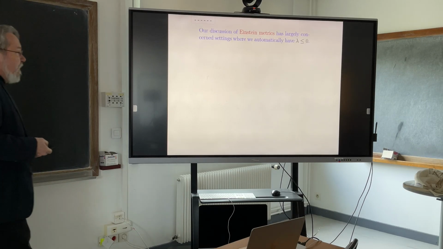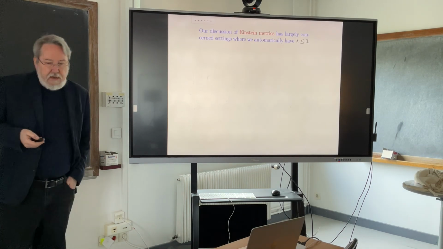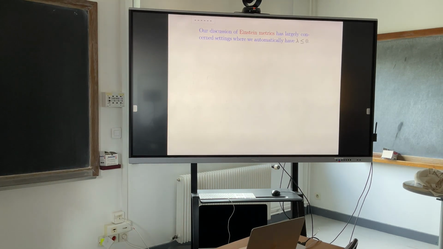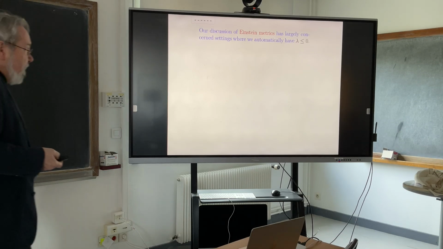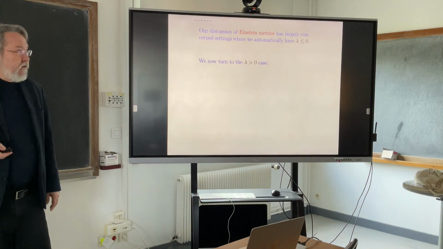So the setting that we've been discussing in this lecture series is focused on situations where Seiberg-Witten theory generally says that if there's an Einstein metric, this invariant is non-trivial, there can't be any positive scalar curvature metrics, so if there's an Einstein metric, it's usually going to have negative Einstein constant. Then I talked a little bit about K3, that was the case with lambda equal to 0. What about lambda positive?